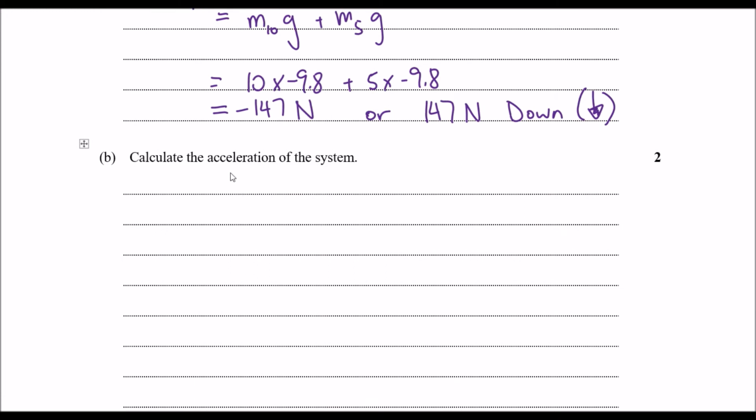We can say that the overall net force that the 5 kg is experiencing will be due to the gravitational force of our 10 kg subtracted by the force of our 5 kg. Now the reason why we're going for the subtraction of number 5 is because, as we said, the net force is to go in this particular direction, and our 5 kg is being pulled down in this particular direction. So there are two opposing directions here.